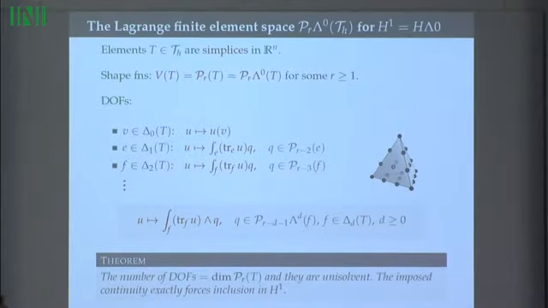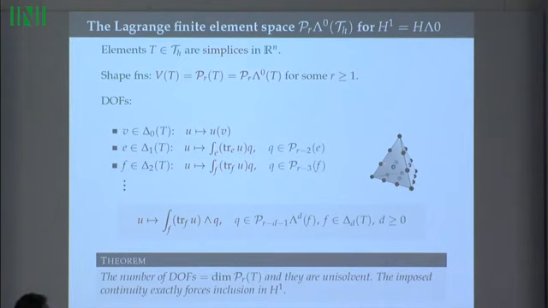Okay, and then there's a theorem that you prove in every finite element course, that the number of degrees of freedom that I just listed is exactly the same as the dimension of the polynomials of degree r. So that's a beautiful theorem. This arrangement of dots on a simplex is exactly the dimension of the polynomial space P_r.